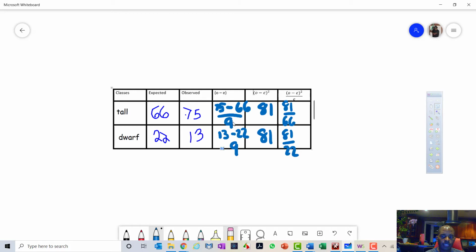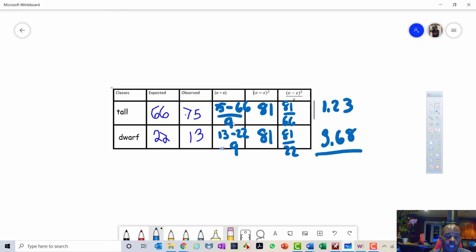So when you stick that number in your calculator, 81 divided by 66, you're going to get 1.22. It's actually 1.227, so let's say 1.23. And 81 divided by 22 will give you 3.681, so 3.68.